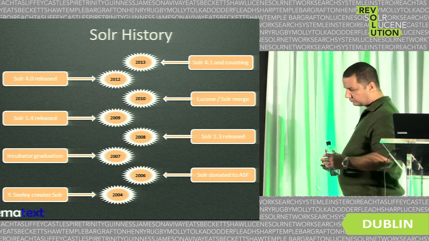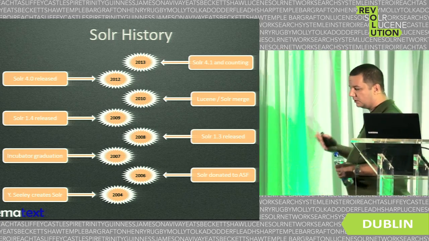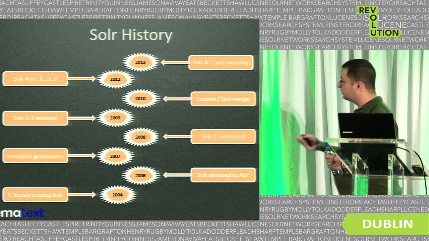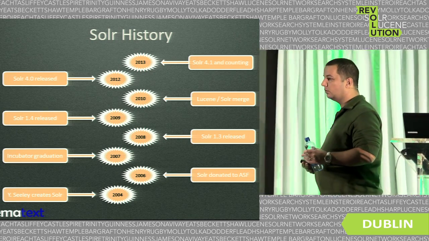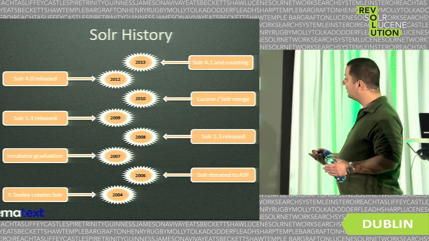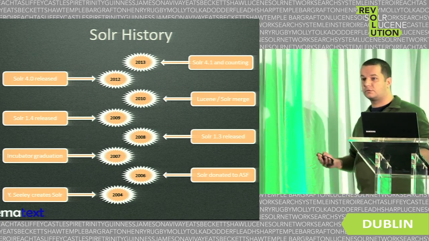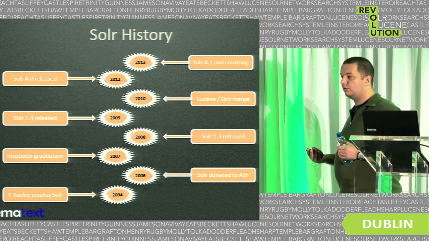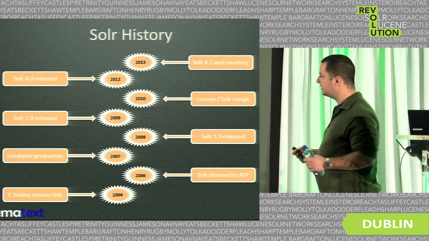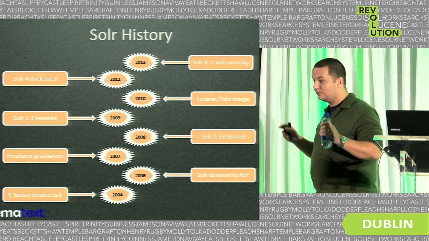We have a release of Solr 1.3 1 year later, then another year later, Solr 1.4 comes with the new replication, the Java one, which is still used. We got rid of all the scripts. We could now use Solr not only on Linux-based or Unix-based systems, but also on Windows.